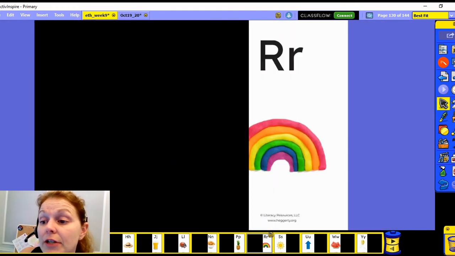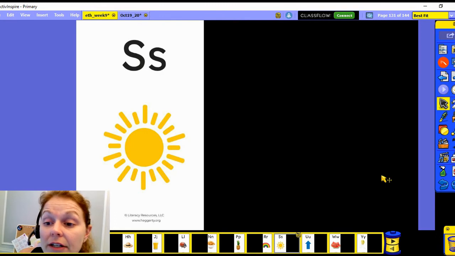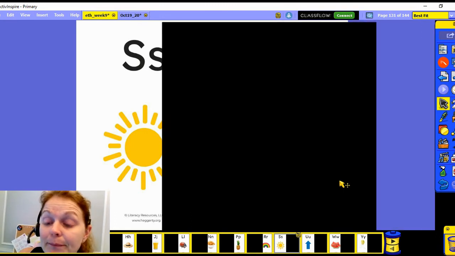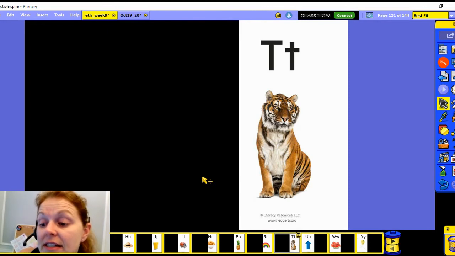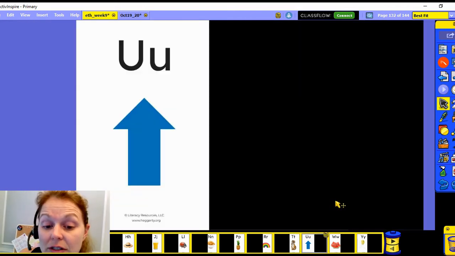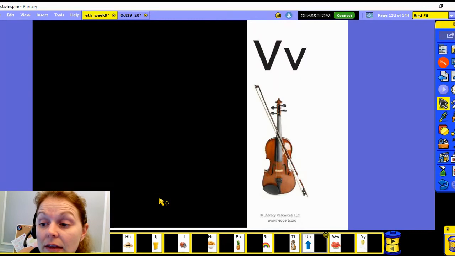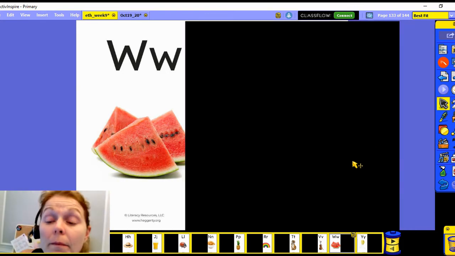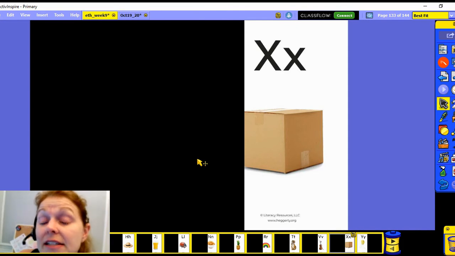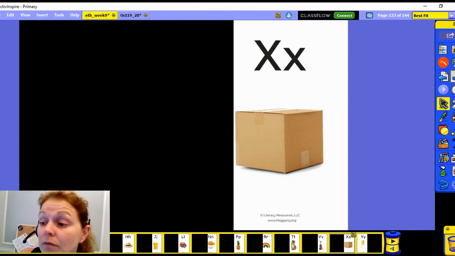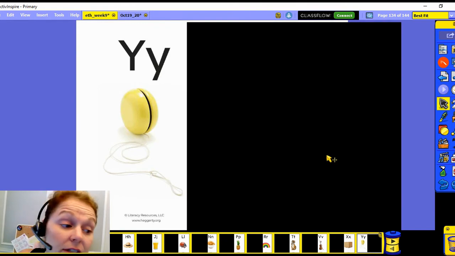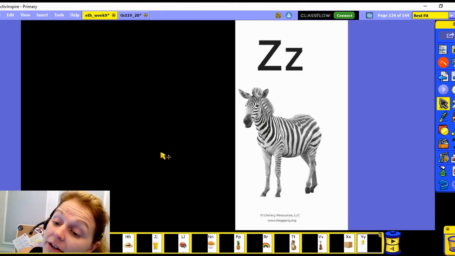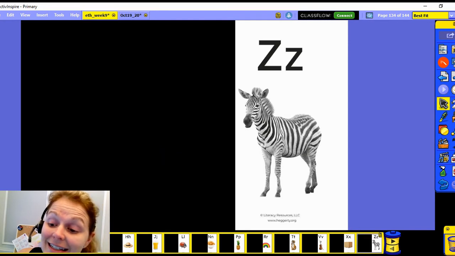Letter is R, sound is R. Letter is S, sound is S. Letter is T, sound is T. Letter is U, sound is A. Letter is V, sound is M. Letter is W, sound is W. Letter is X, sound is X. Letter is Y, sound is Y. Letter is Z, sound is Z.